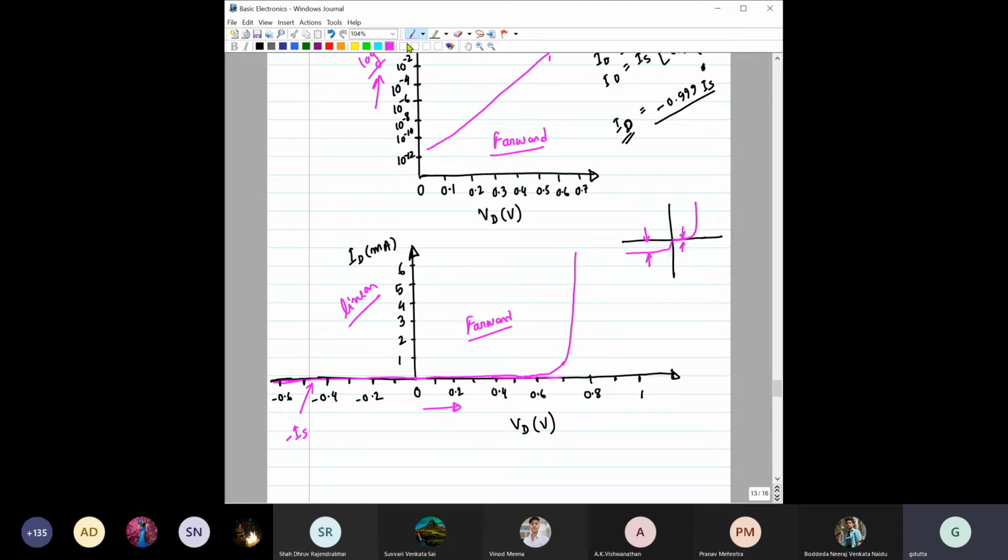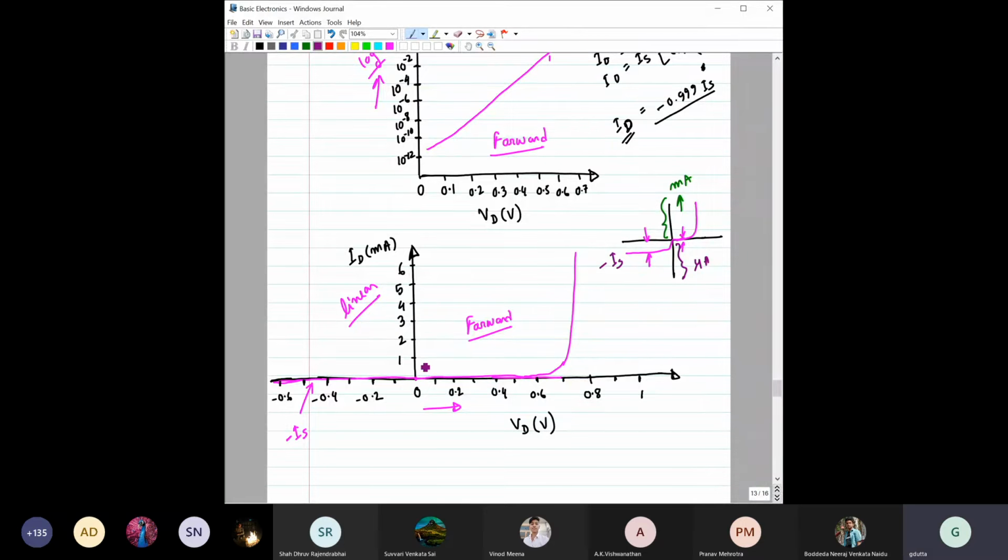But if you notice carefully, you will find that these axes are plotted maybe in milliamps for the forward bias axis, whereas the reverse current axis will be plotted in microamps, so that the author can show you how this IS will look. This is minus IS. You understand?